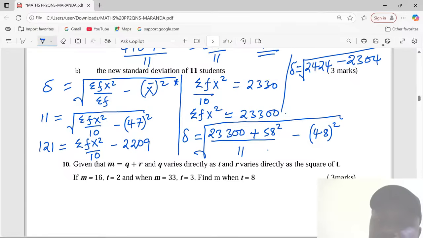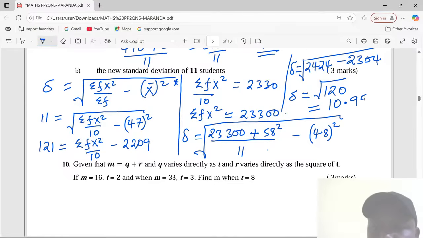Then we obtain the square root. So the standard deviation shall be 24 minus 2304. I'm getting 120. So the square root of 120 now, 10.95. The new standard deviation should be 10.95.